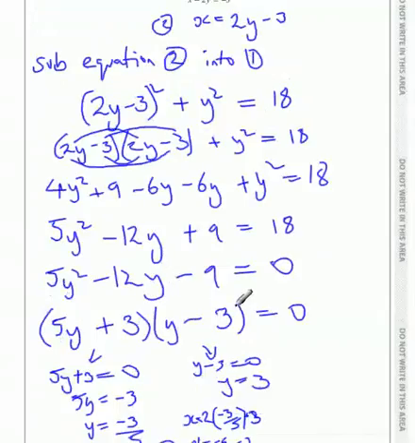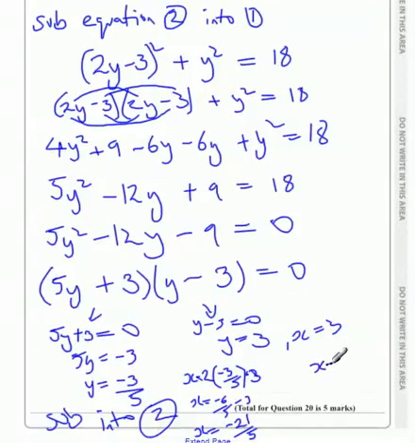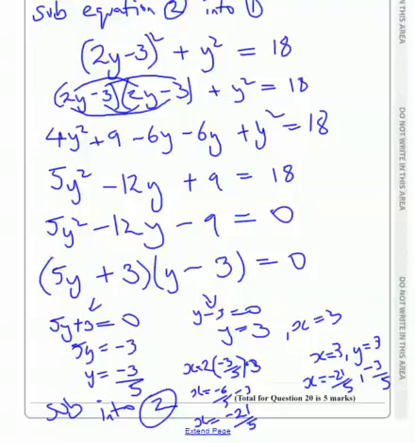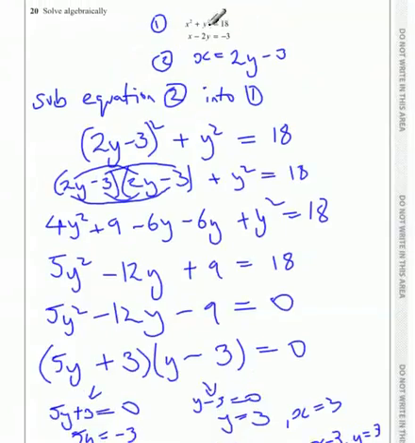So the two solutions we get are x equals 3, y equals 3, or x equals minus 21 over 5, and then y equals minus 3 over 5. And if we had time, we could sub both of these back into our equation 1 to check that they do equal 18.